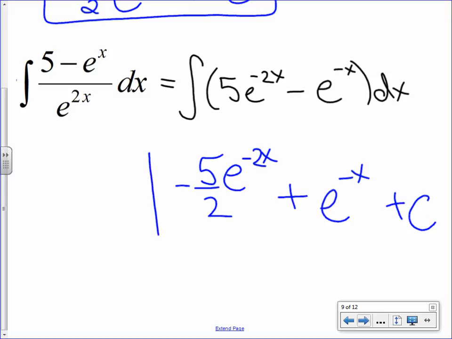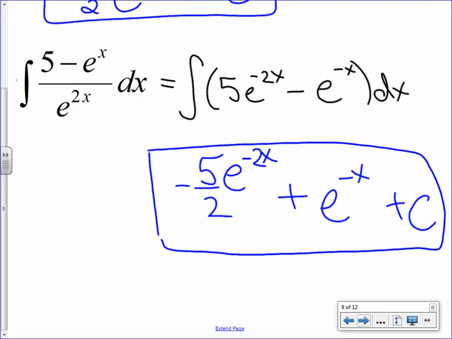Now remember, yesterday I said you should get everything right because we can check our work. Is the derivative of negative 5/2 e to the negative 2x the same as what we have up here? Yes. Is the derivative of positive e to the negative x that? Yes. The derivative of c is 0.